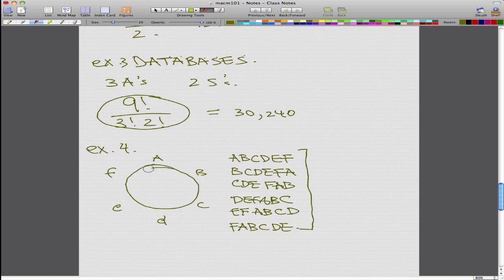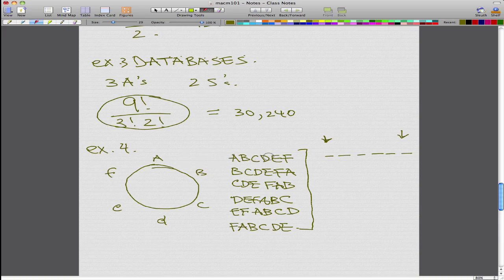Because it's a circle, we don't really know where to start, right? If we had a linear arrangement like 1, 2, 3, 4, 5, 6, then we know where to start. We start from this position and we end at this position. But now we have a circle. We don't know where to start. So let's just count one arrangement and see how many different ways of doing this arrangement there are. I just showed it to you.